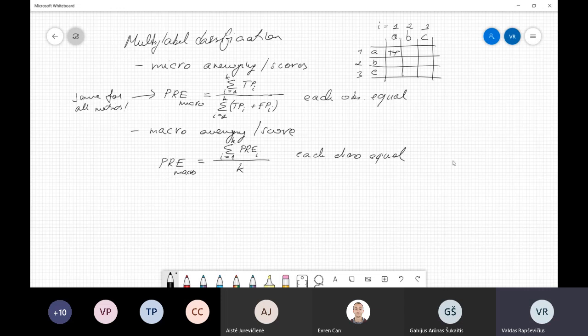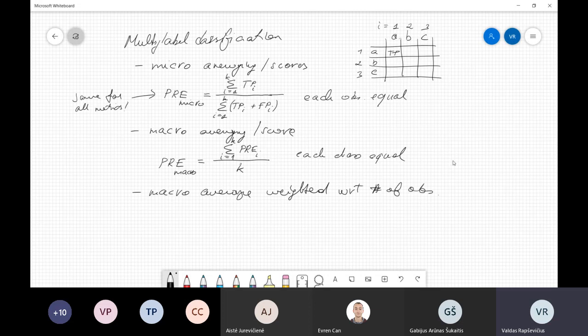Okay, so micro averaging and macro averaging are two possibilities. There is also the possibility of doing a macro average with weights, weighted with respect to the number of observations.